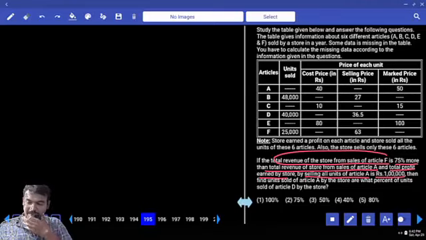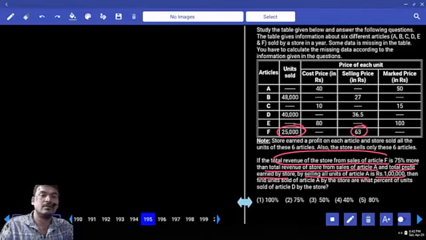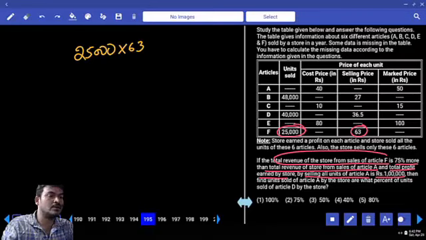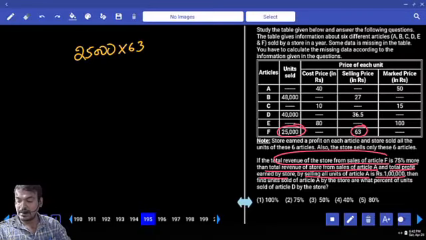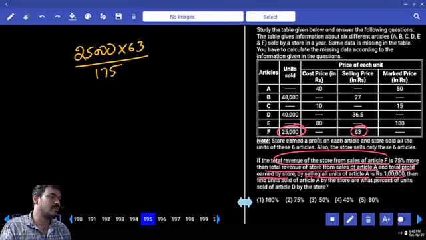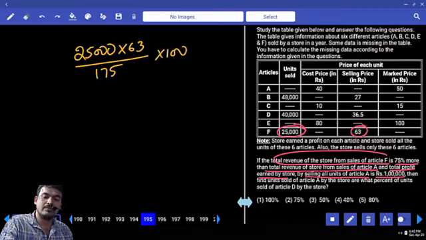First of all, total revenue of F. F revenue means how much? 25,000 into 63. That is 75% more than the A value, which means it is 175% value. Divide by 175, we get 1%. Multiplied by 100, we get the A revenue.